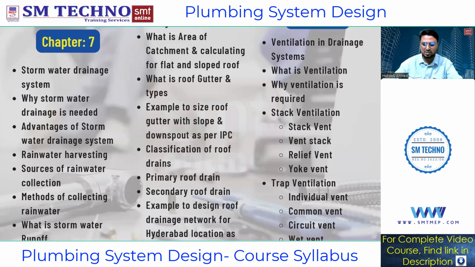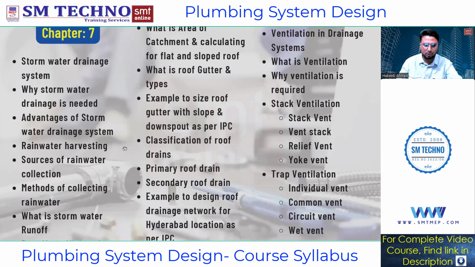In simple words, I can say from the roof, whether it is a sloped roof or a flat roof, whatever water is incident on that, we are collecting. So these are the sources of the water where we can collect the rainwater.